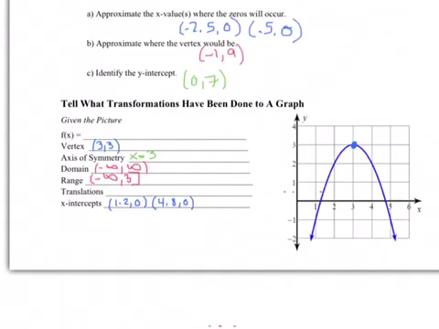Alright, the equation for the graph, we've done this lots of times. If I have the vertex, I just want to plug it in opposite, so negative (x minus 3) squared plus 3. And then the transformations that have been done to the graph, this is what we've also been talking about in this chapter.